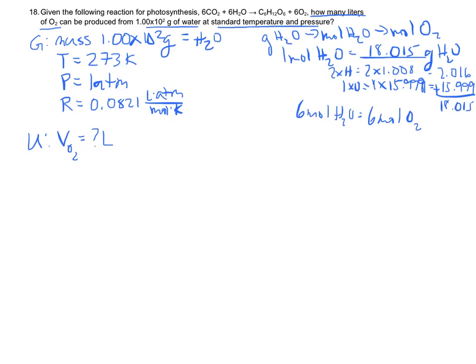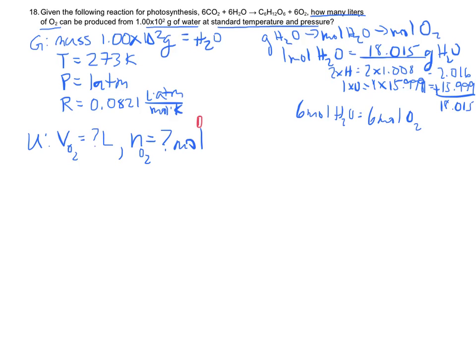We know that first we're going to have to find the moles of O2, which I should write differently. We need to find the number of moles for O2. Okay, so this we are going to do first.